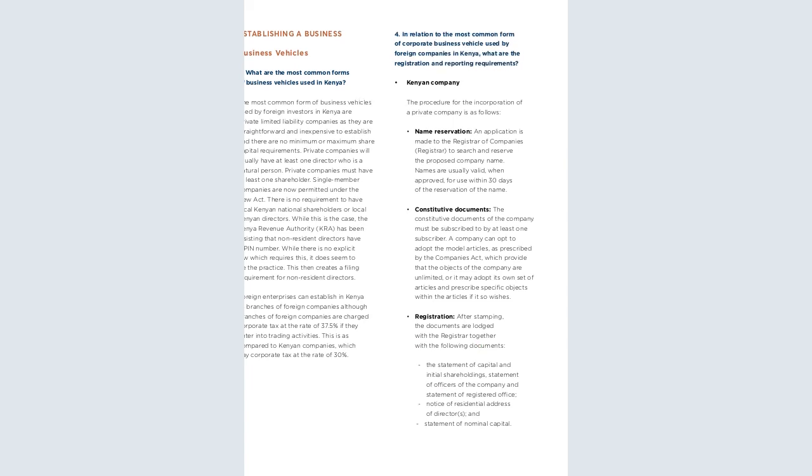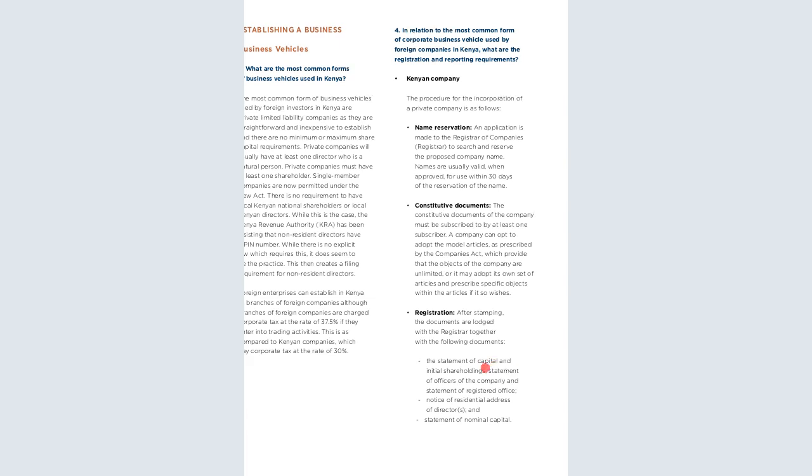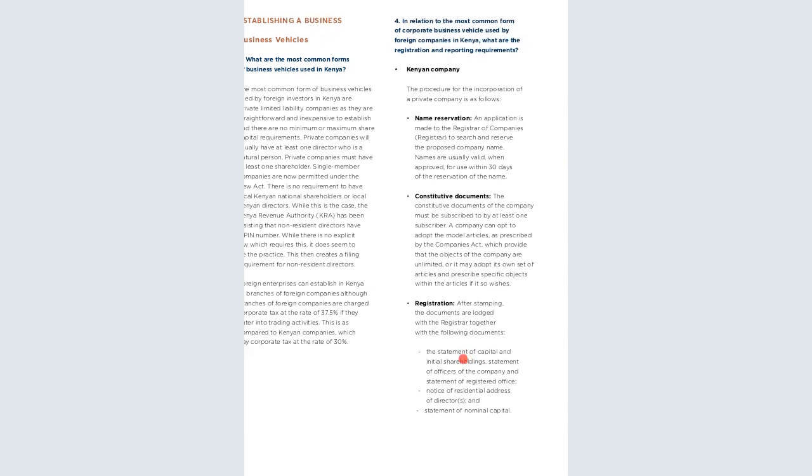And when you are given the name, you are given a provision of up to 30 days to be able to register the company. If you don't register the name, then it will be taken back, so anybody else can be given the name if 30 days elapse before you are able to do that. Constitutive documents. The constitutive documents of the company must be subscribed to by at least one subscriber.